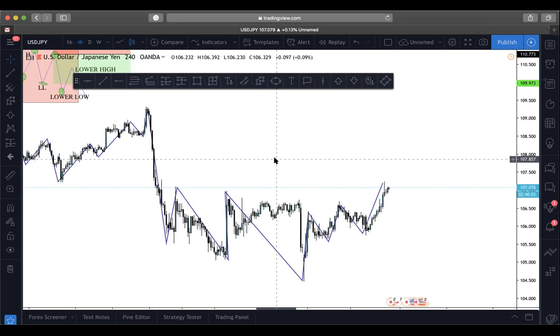The more reasons why you enter the trade, the higher the probability of the trade working out, because you're dealing with probabilities, right? Now, this is one reason why you enter this trade. I have about 5 or 6 more to teach you, right?